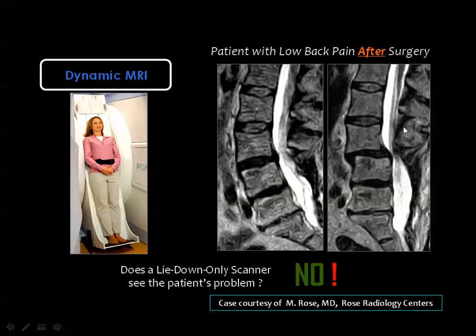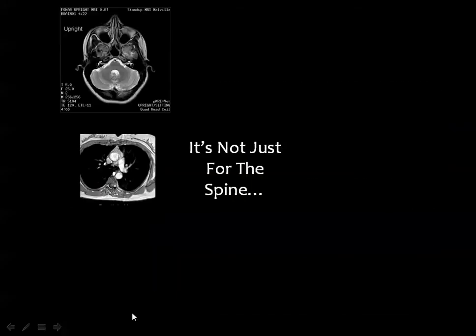But if you examine the patient in the upright position with axial load on the spine, then you can see evident spinal instability as in this example, and you can appreciate marked narrowing of the spinal canal while the patient is in the erect position.